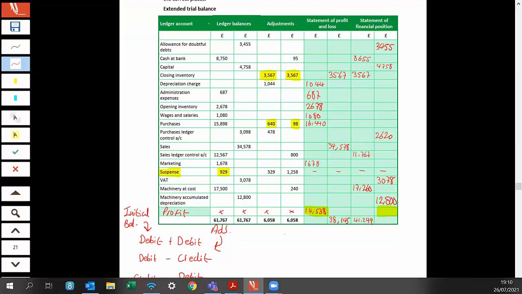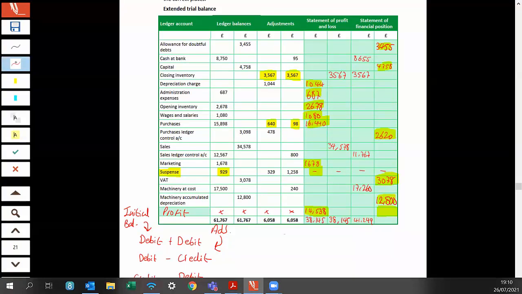14,538. And when we put all that together, so we now total everything up in these columns, we're going to have 38,145. And then again, we will do the same on the statement of financial position. Add all your credit balances up.